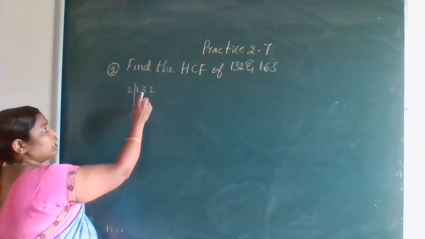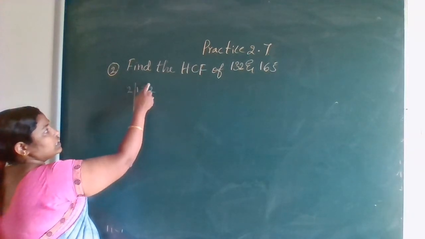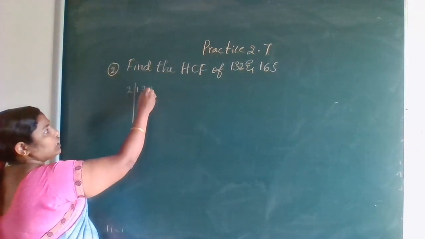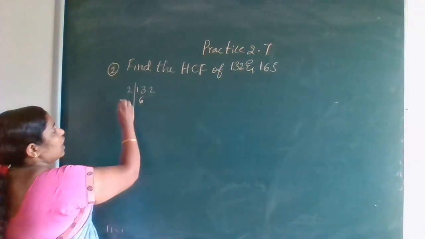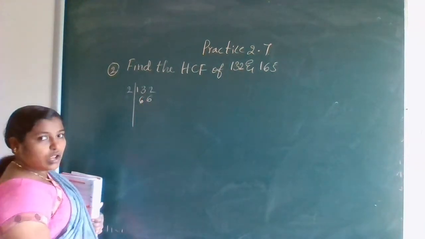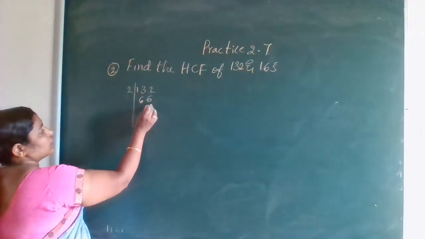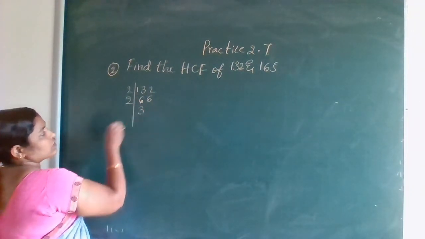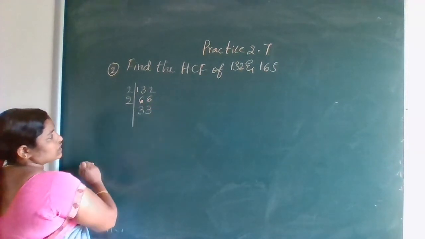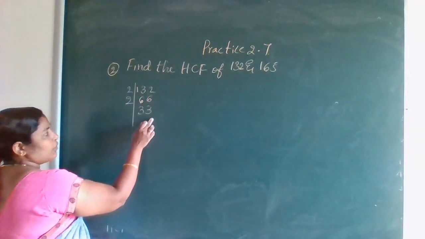1 is remaining. That 1 you consider with the 2, so it will become 12. So again 2 6s are 12. Next, an even number. Take 2. 2 3s are 6. Now this is an odd number.